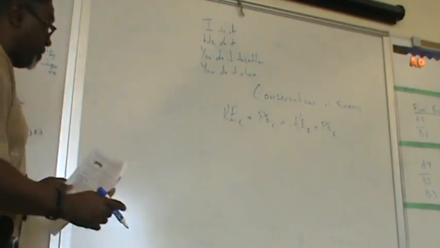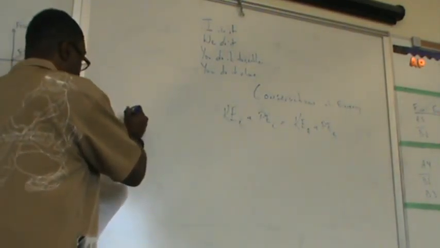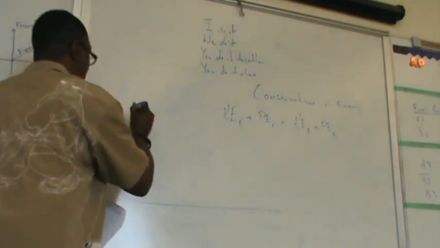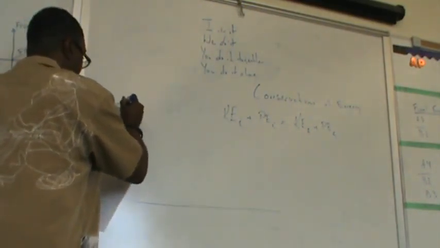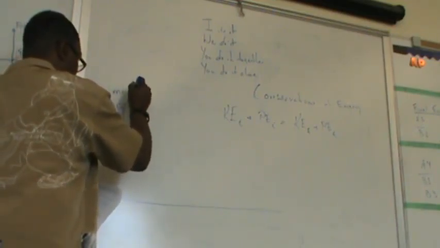Okay? So what we have here, hope you can see me, is a block. We have a block right here, sitting up here. This block is 1 kilogram. Mass is equal to 1 kilogram.